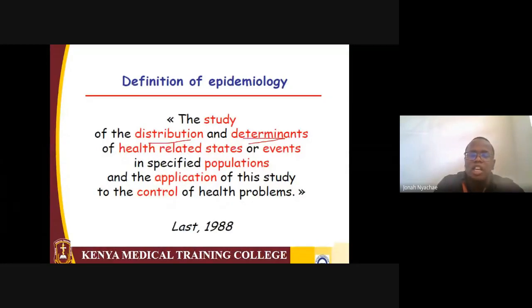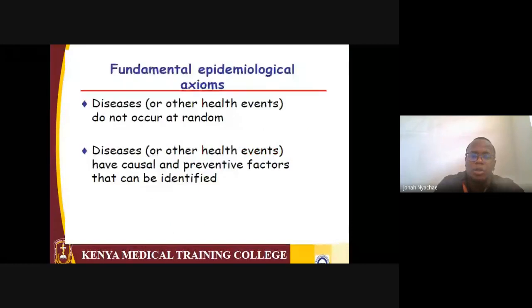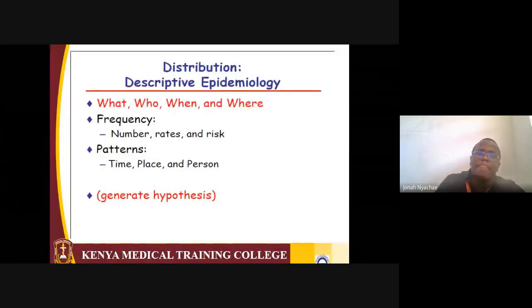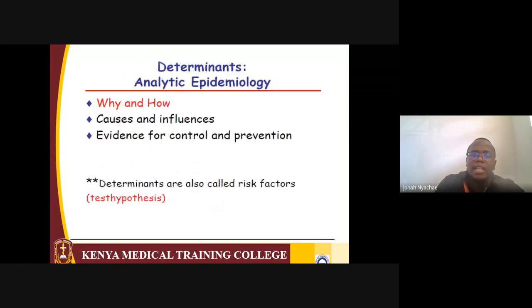So what do they mean? When we are talking about distribution, we are talking about basically types of epidemiological study. So distribution, it could be descriptive or it could be analytical, just like research.